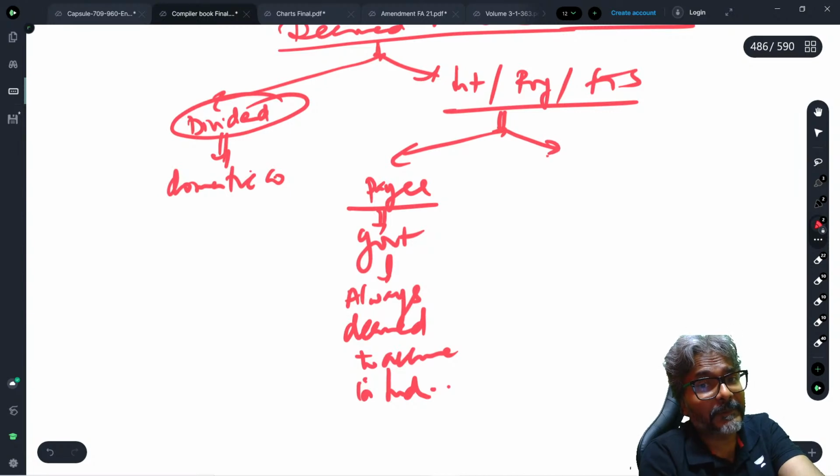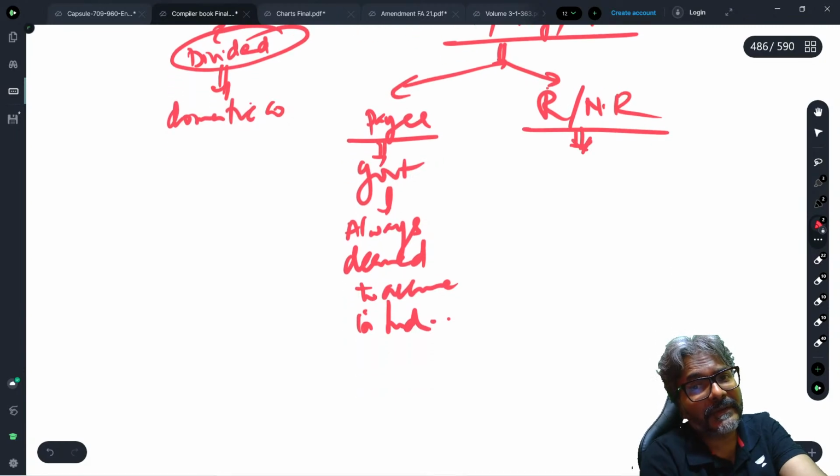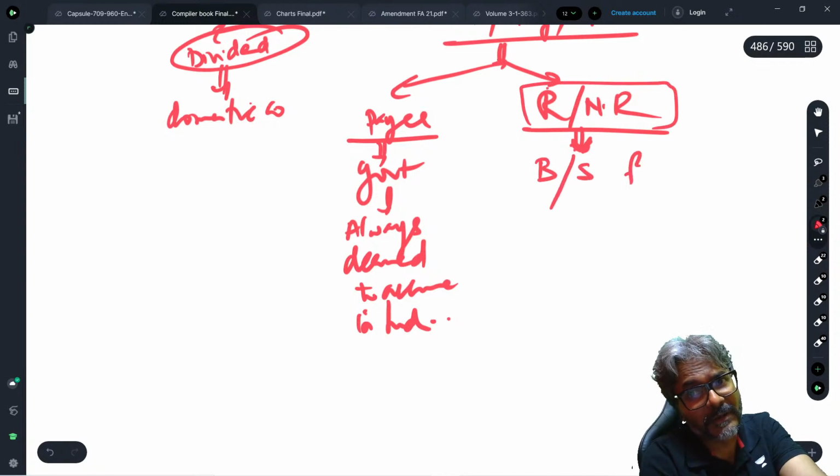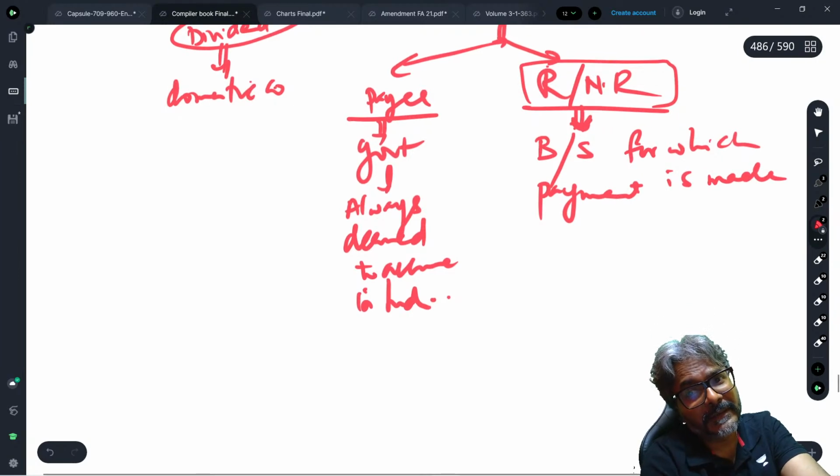At the same time, if the payer happens to be resident or non-resident, then the deemed accrual in India will take place if the business or the source for which the payment is made is situated in India, students.